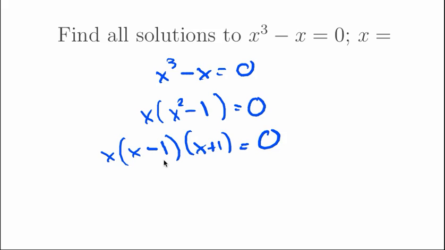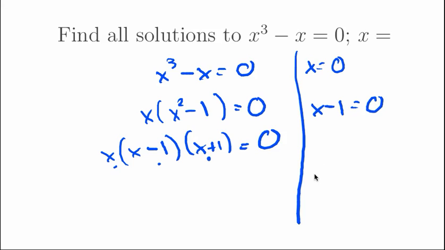Here's the deal. I have x times x minus 1 times x plus 1: 3 things multiplied together, and the whole thing equals 0. The only way that can possibly happen is if one of these 3 things itself is equal to 0. So that gives me 3 possible options. Either x is 0, or x minus 1 is 0, or x plus 1 is 0. Those are the only 3 things that can possibly happen, and each one gives me a solution.